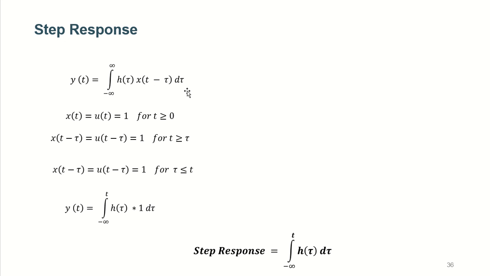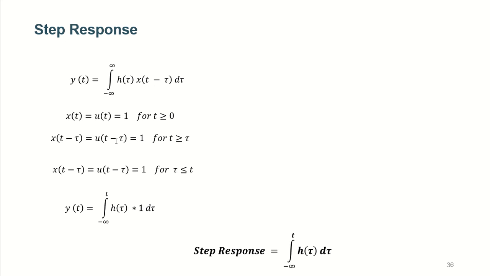Because think about it: if the value of tau is 3 and the value of t is 2, you will have 2 minus 3, which is minus 1, so x of minus 1, and you will have u of minus 1, right? So it will still be 1, but it will be on the negative side, it will go from 0 to minus infinity, right?